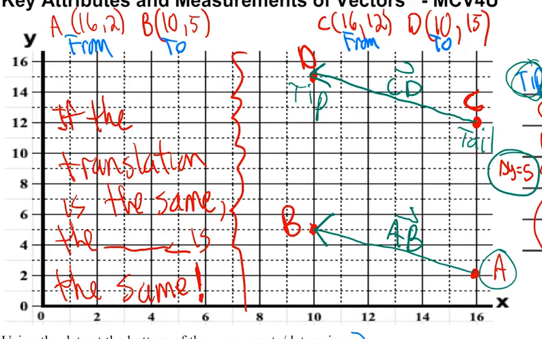And I want you to notice something. Let's figure out what delta x and delta y are. So delta x in this case equals 1, 2, 3, 4, 5, 6. 6 to the left, that's -6. Delta y equals 1, 2, 3. Delta y equals 3. What do we notice about AB?